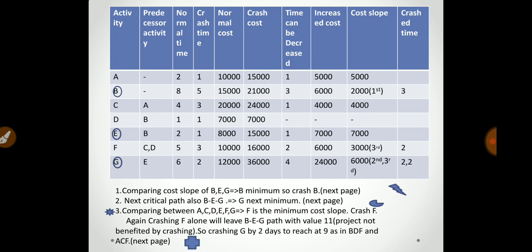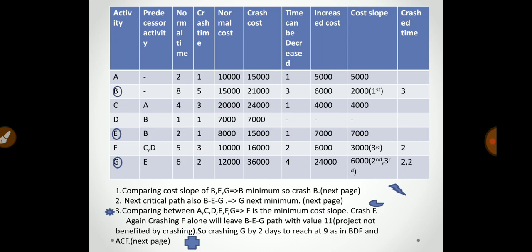Now activity C, normal time is 4, crash time is 3, normal cost is 20,000, crash cost is 24,000, time can be reduced by 1, increased cost is 4,000, cost slope is 4,000.